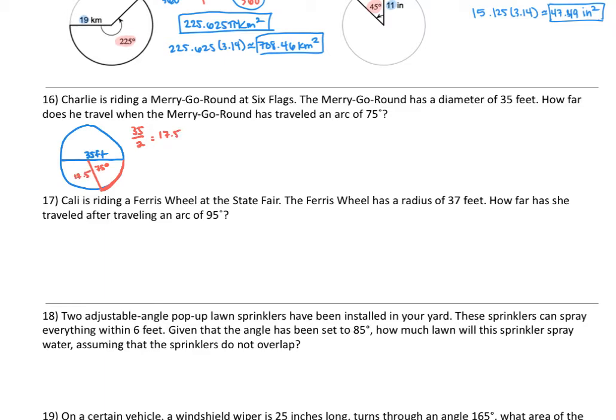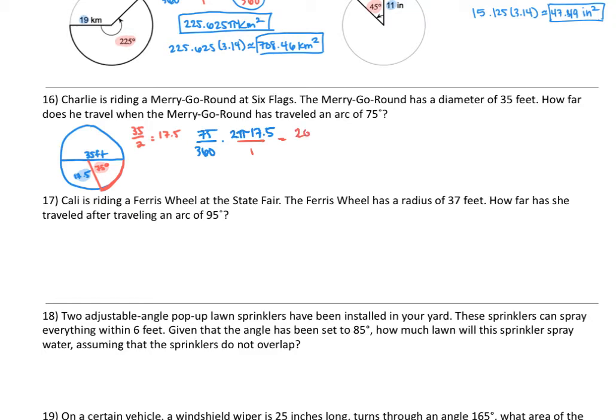Okay, now we have our angle and we have our radius. So using the arc length formula, it's going to be 75 over 360, that's my fraction of the circle, times 2 pi times 17.5. And then we multiply across, so 75 times 2 times 17.5.